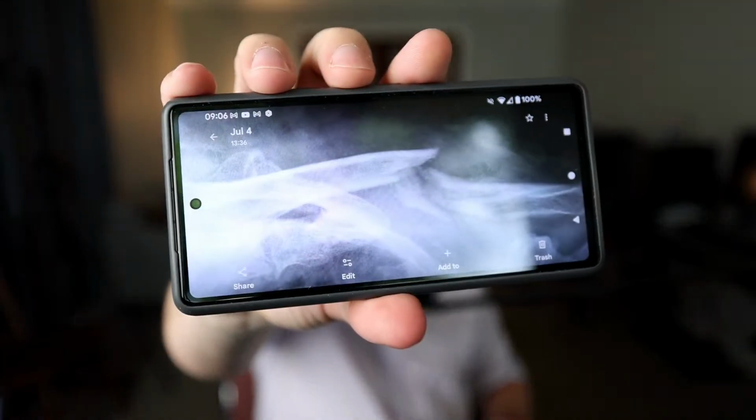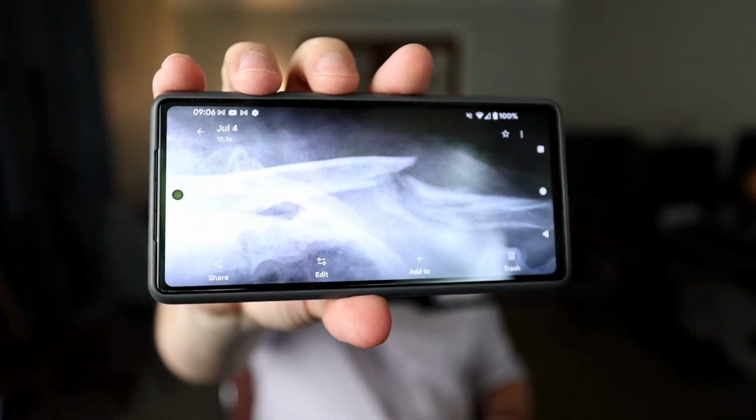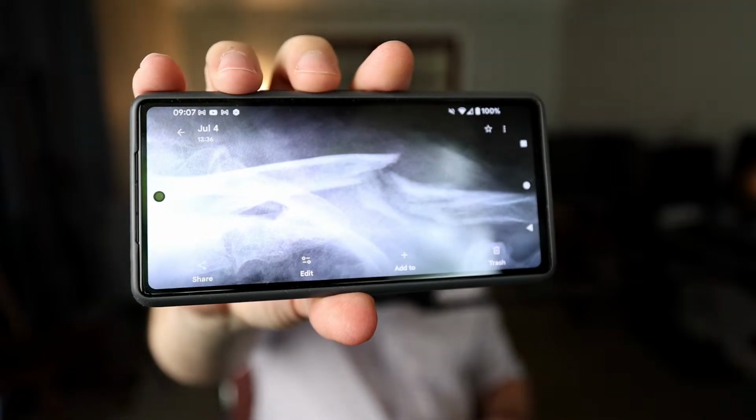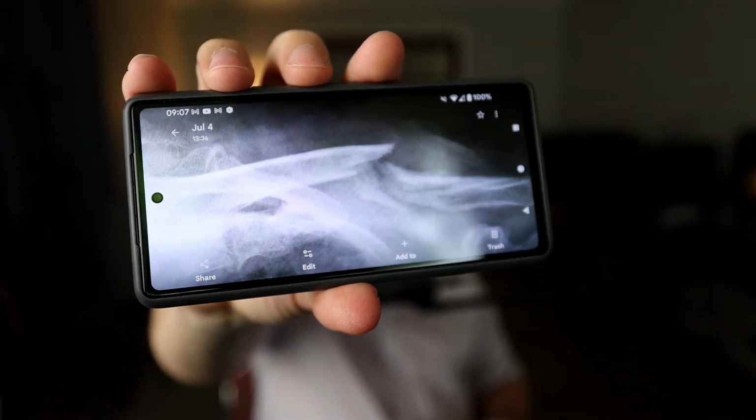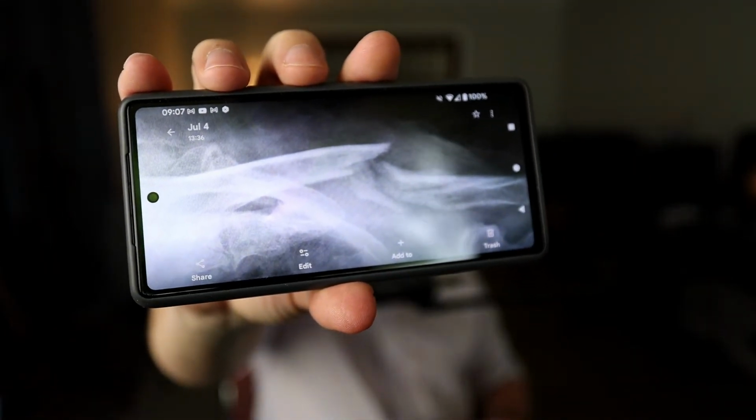I don't know if you guys want to see a fractured collarbone, but you can see, I know it's a little pointy, but actually what they said is there's two breaks. So I don't know if you can see that, but there's a break, and then there's a little triangle piece, but everything has kind of moved back into the right spot.